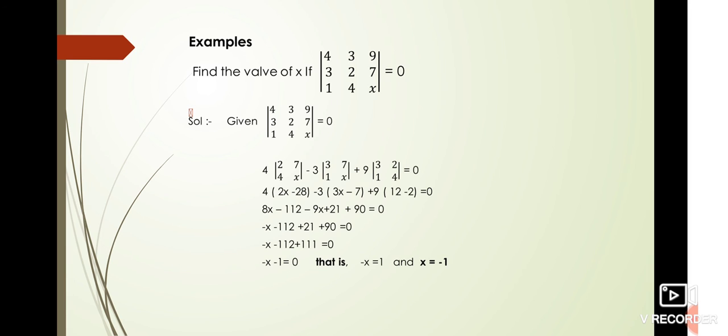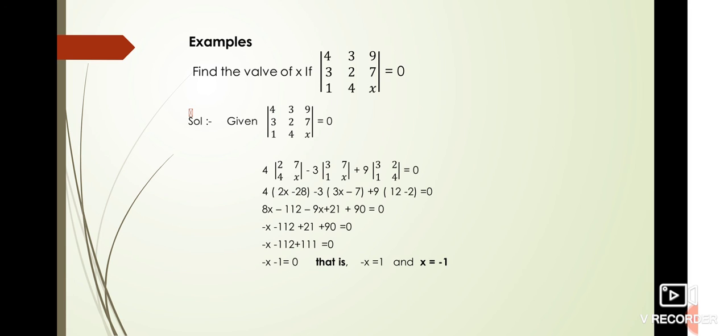So in the next step, 8x minus 9x is a minus x, minus constant numbers 112 plus 21 plus 90 is equals to 0. So minus x minus 112 plus 111 is equals to 0. So minus x minus 1 is equals to 0. That is x is equals to 1 and x is equals to minus 1. This is the determinant value of x.